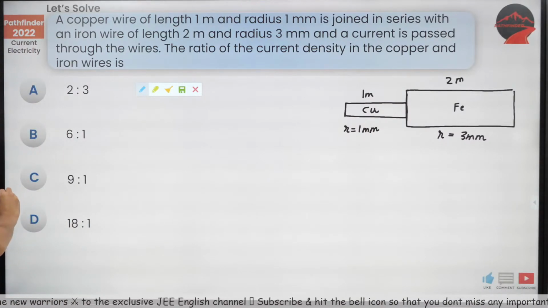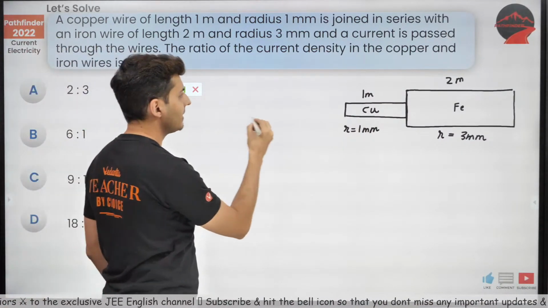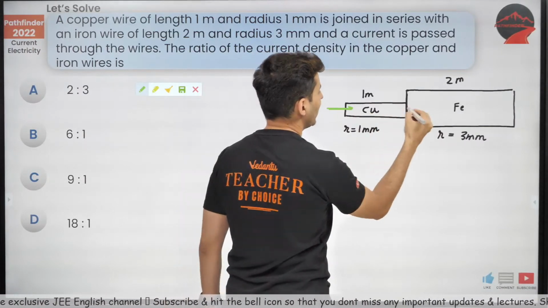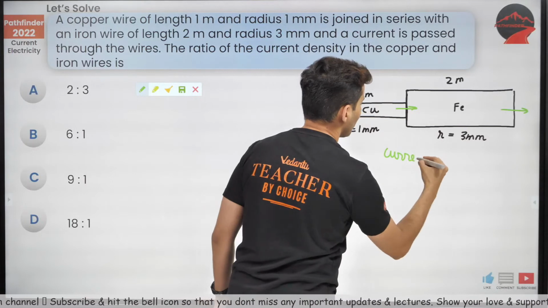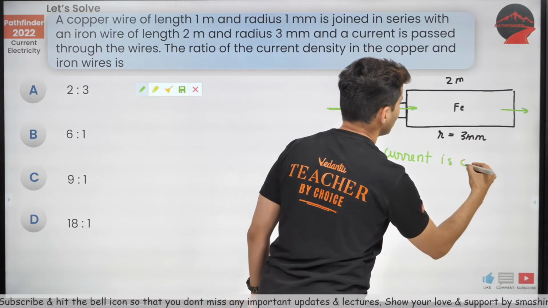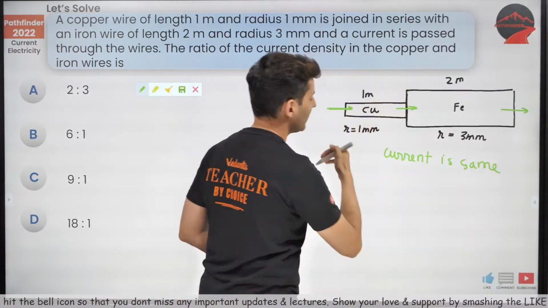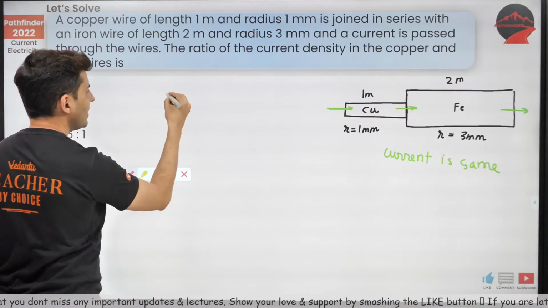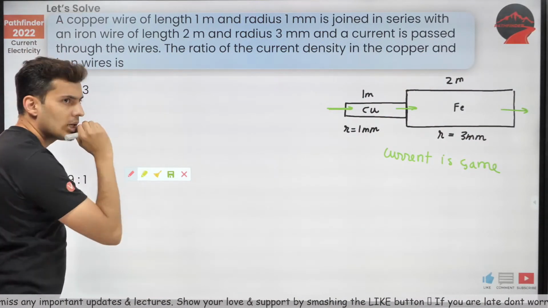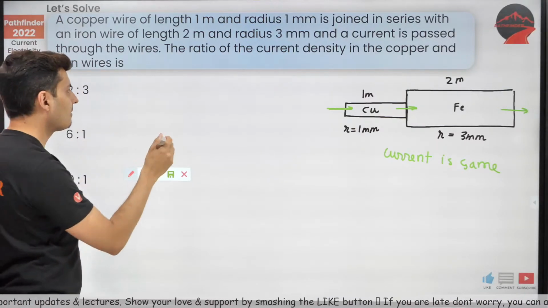Now, what you should understand in this problem is that the current flowing in both of them will be the same, because they are in series. Think about it: current and current density, how are they related?